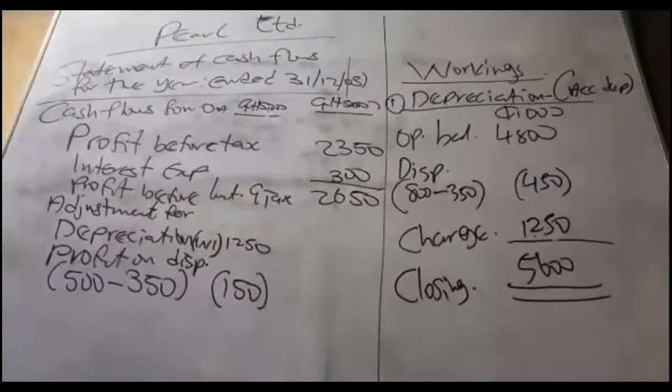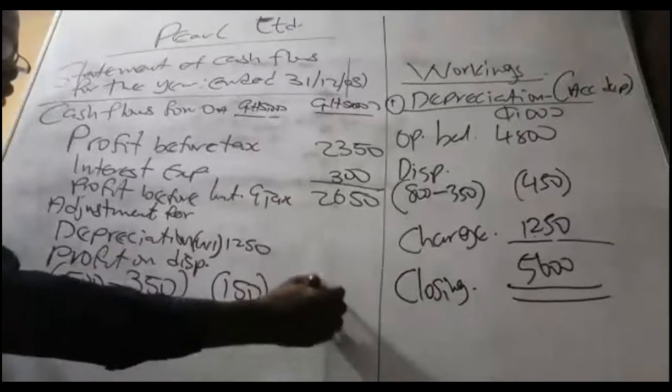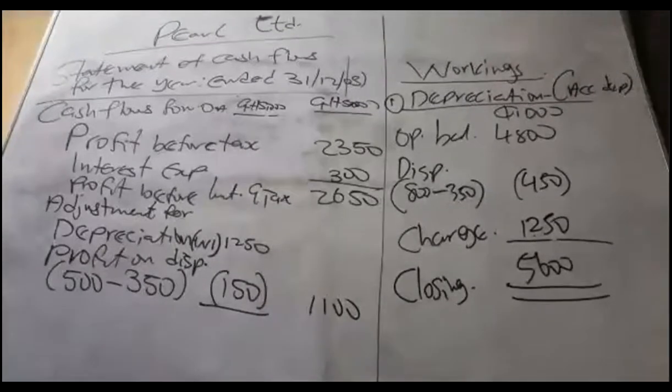Okay, so the adjustment we can put them together. So 1,250 less 150 gives us 1,100, right? So we get 1,100. You can also leave it like that and add the changes in working capital to it. Good.